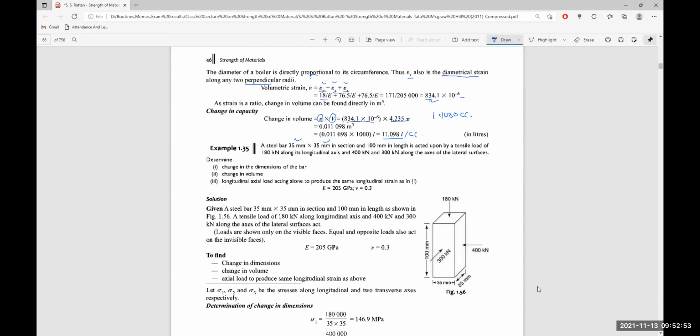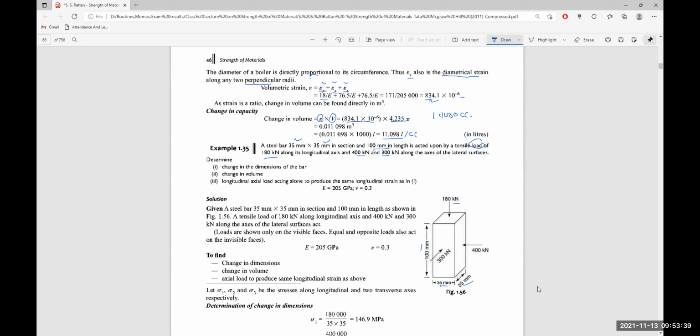This cross-section area is 35 multiplied by 35, and 100 millimeter is the length, acted upon by a tensile load of say 180 kilonewton along the longitudinal axis, and 400 kilonewton and 300 kilonewton along the axes of the lateral surfaces. So this is the steel bar, not a cube. The cross-sectional dimension is 35 by 35 and the length 100, and it is a tensile load of 180 kilonewton shown along its longitudinal axis.